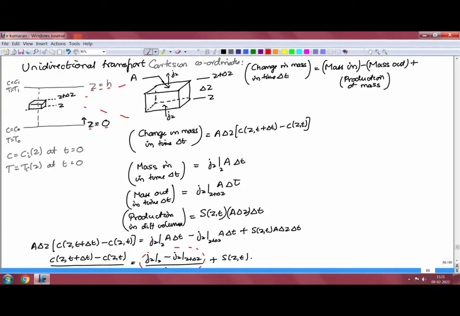And the basic equation is the same. Change in quantity in a time delta t is equal to quantity in minus quantity out plus the production of quantity in that time delta t.